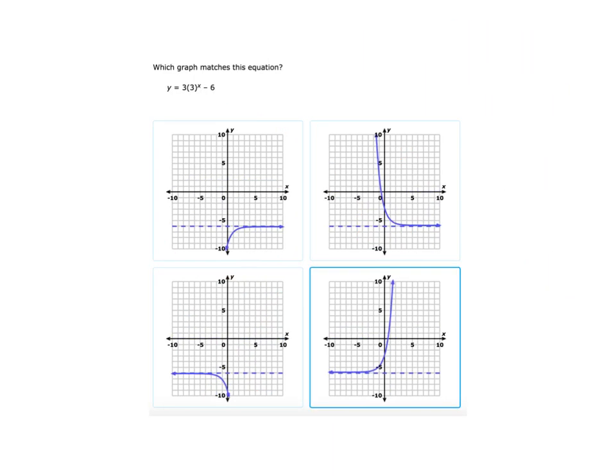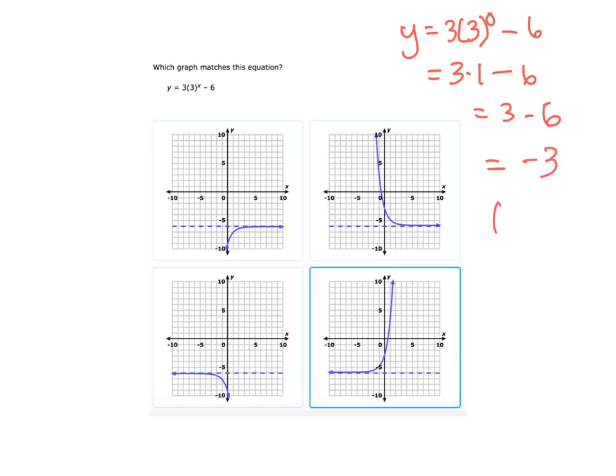This one's a little easier. Again, let's say what would happen. What's 3 times 3 to the 0 minus 6? That's 3 times 1 minus 6. That's 3, take away 6. That means our y-intercept is negative 3. So we have the ordered pair (0, -3). Well, I see that this one can't be, and this one can't be. So I've got two choices once again.